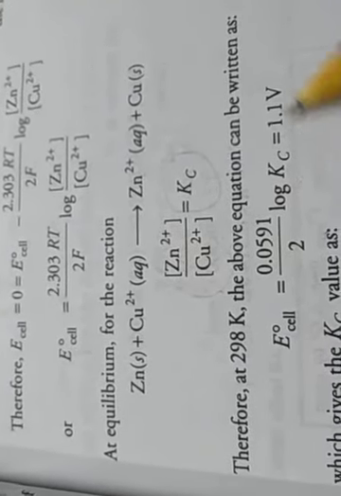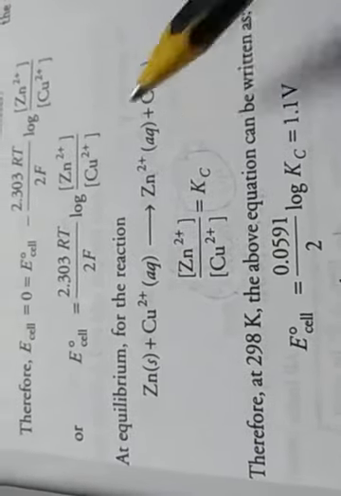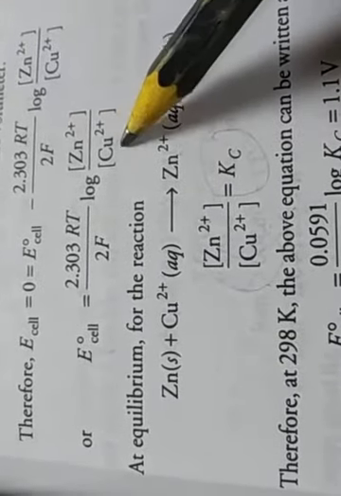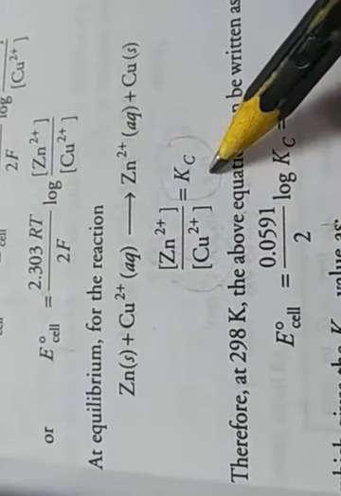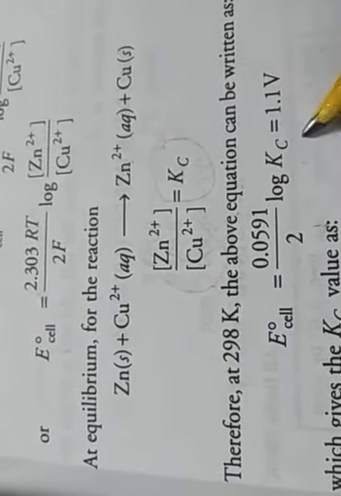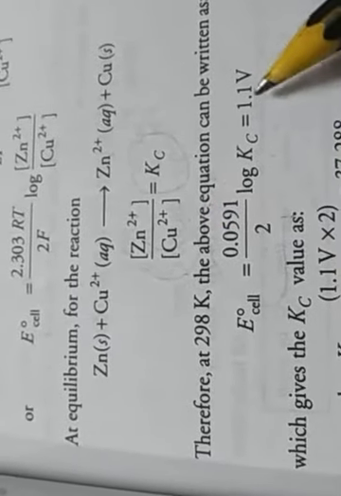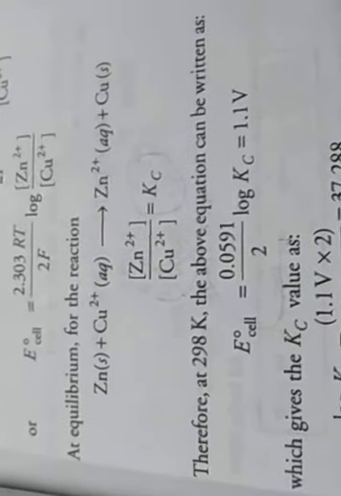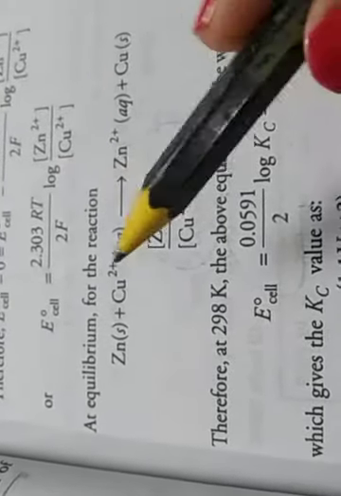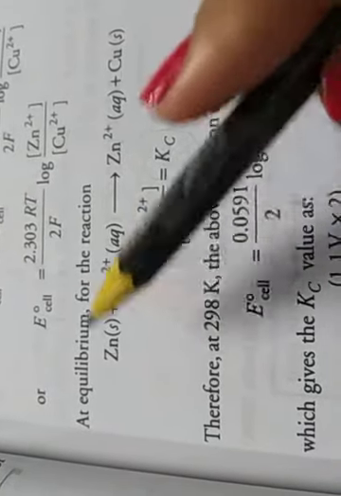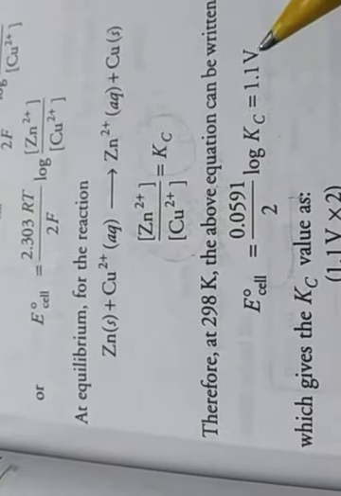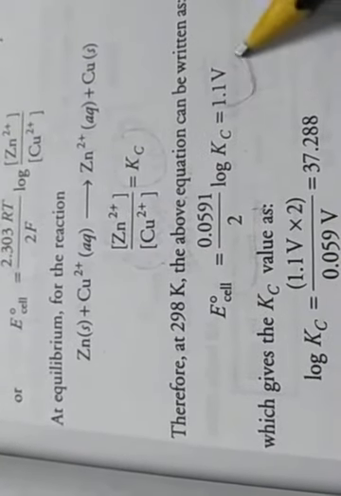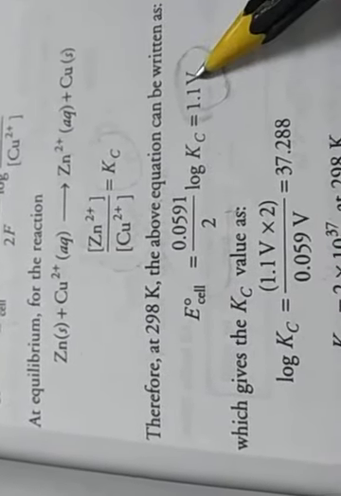So here n is the number of electrons, 2, and the concentration ratio is log of Zn2+ upon Cu2+, which is equal to Kc. So log Kc, and E cell is equal to E naught cell, which is 1.1 volt, because for copper it is 0.34 volt and for zinc it is minus 0.76 volt.